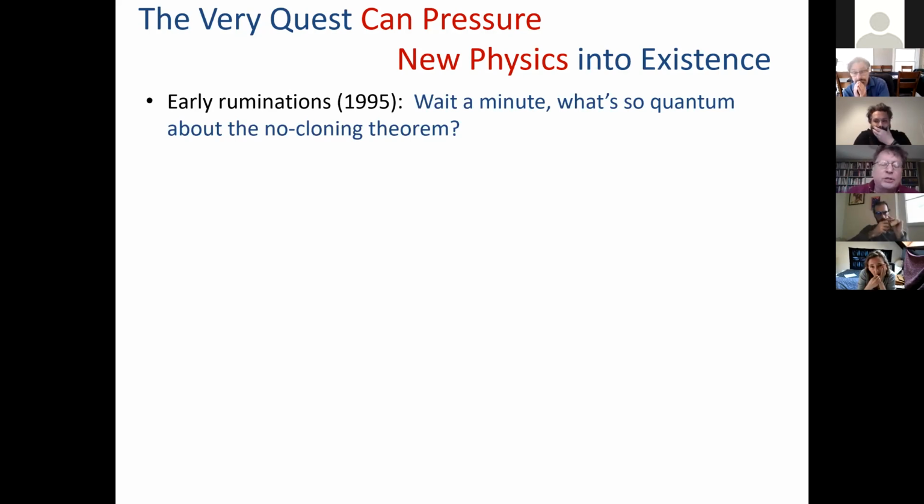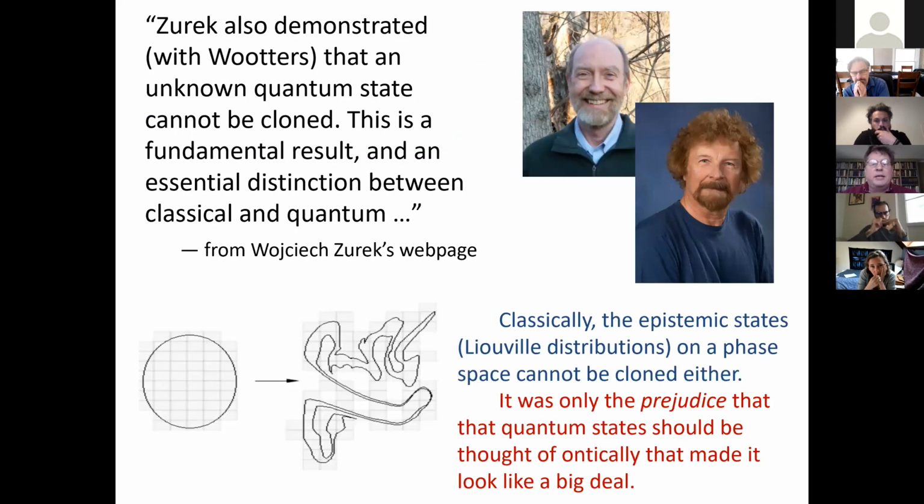I had been studying Asher Peres's book, and he impressed upon me some things about Liouville mechanics. Consider the way the no-cloning theorem is often presented, for instance, on Zurek's webpage, where it says, Zurek also demonstrated with Wootters that an unknown quantum state cannot be cloned. This is a fundamental result and an essential distinction between classical and quantum.